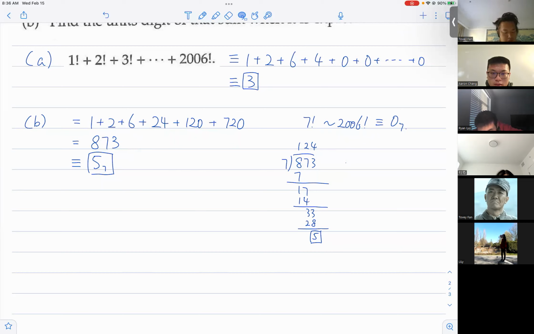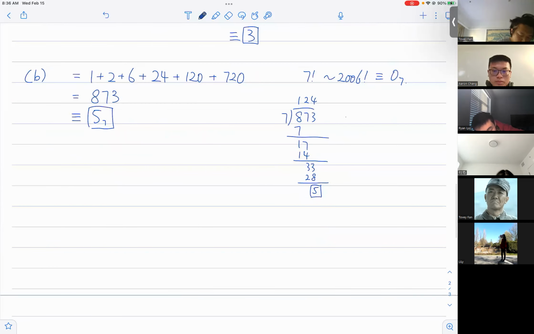Recall that the unit digit of any base when you switch from a decimal number is just a remainder when you divide that number by that base number. Okay. You have to remember that because in other words, 873 is 124 times 7 plus 5, right?